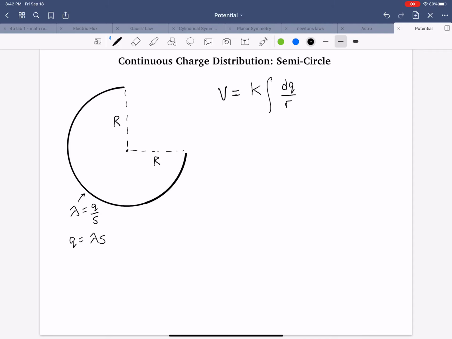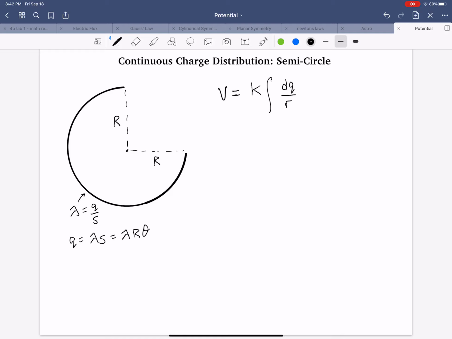And s is actually an arc length, which can be rewritten as lambda times r theta. Arc length is the radius times some angle, and the angle is in radians, and that's important. Radians is a unitless number. It's not in degrees.